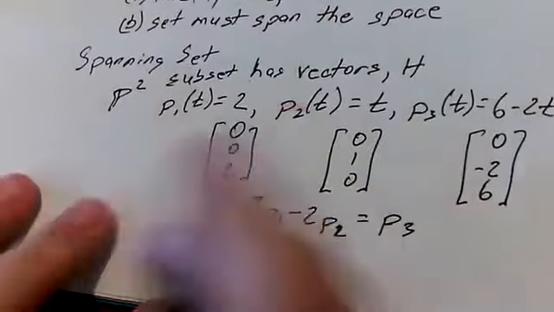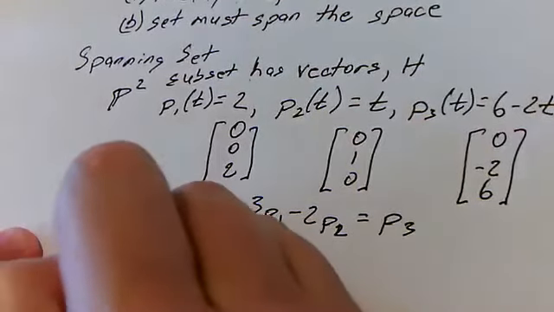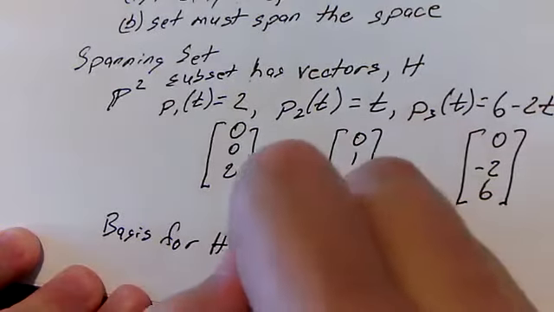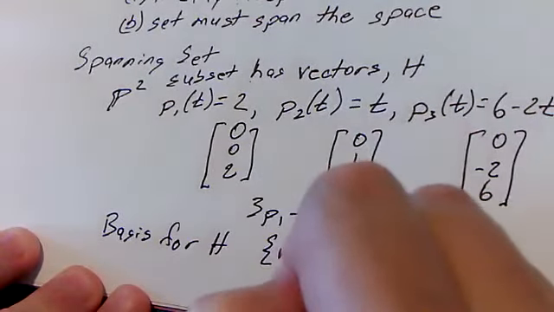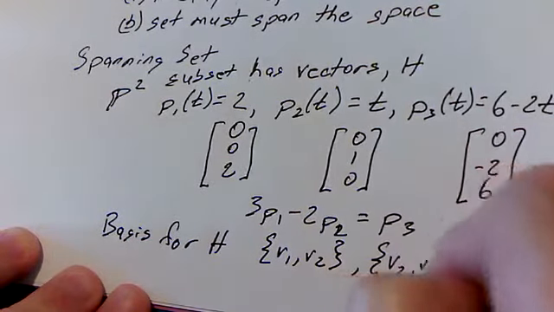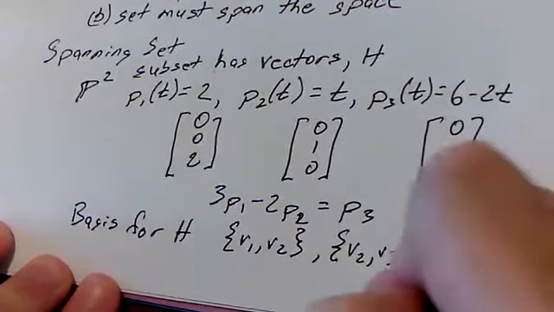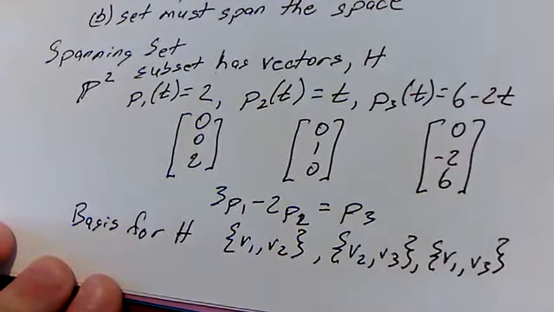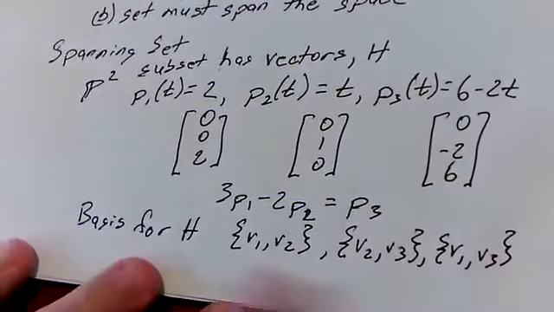So I can find a basis for H. I can actually find 3 different bases for H. First basis is going to be V1, V2. A second possible choice is going to be V2, V3. And then a third possible choice is going to be V1, V3. So those all work as possible bases. These are distinct bases.